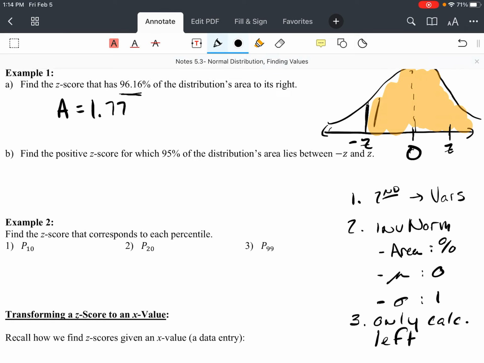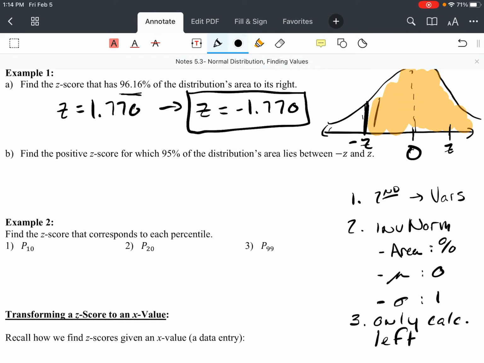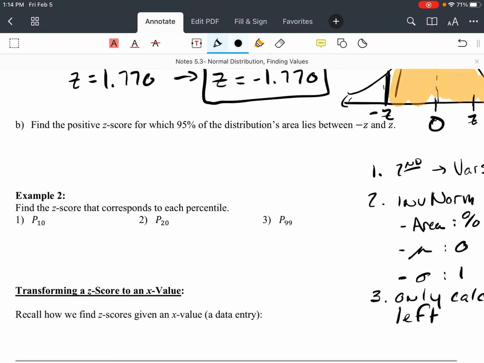So when you calculate this, the z-score is equal to 1.770. To get the z-score where the area to the right is that much, you're simply going to change the sign. So it's actually going to be z is equal to negative 1.770.